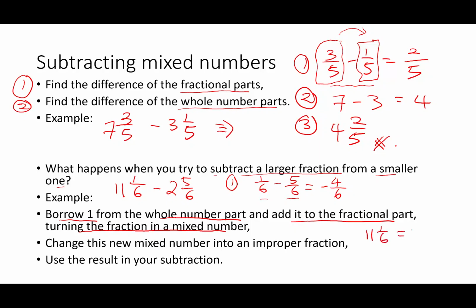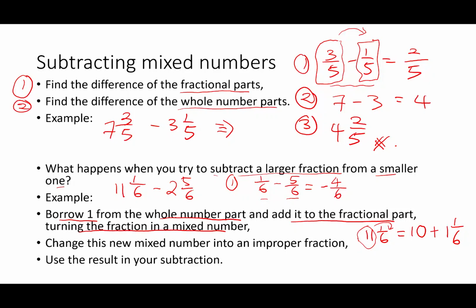Essentially what we do here is to borrow 1 from 11, lend it to 1 over 6. So then effectively we are saying that we have 10 plus 1 over 1 and 1 over 6. The 1 here is what we have borrowed from the 11, and 11 will be left behind with 10.